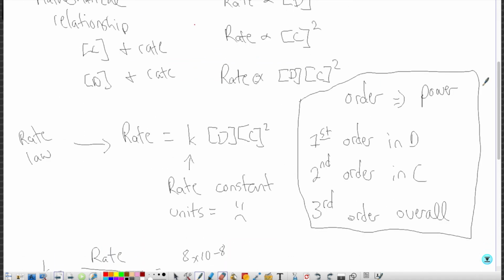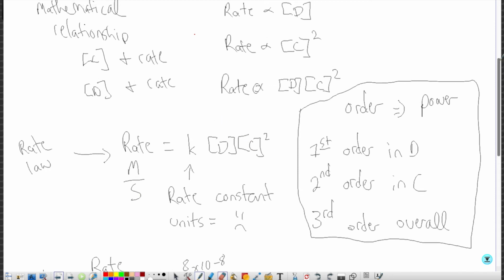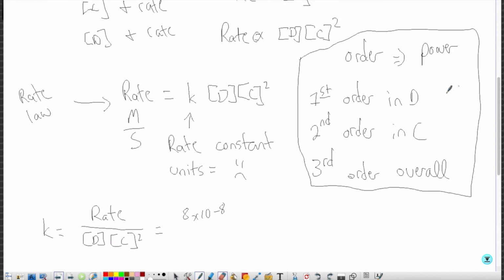Because you know your rate has to be, let's say, molar per second, and these are both in concentration of molar. So if this was first order with respect to C, that's going to change what the units of the rate constant have to be.